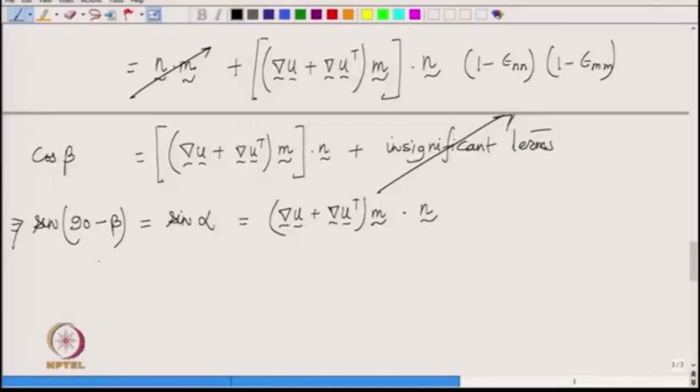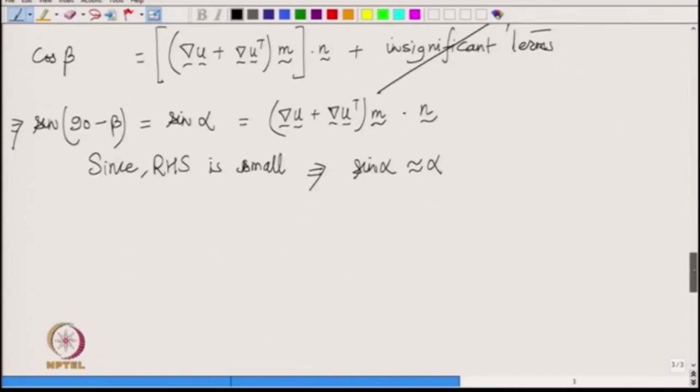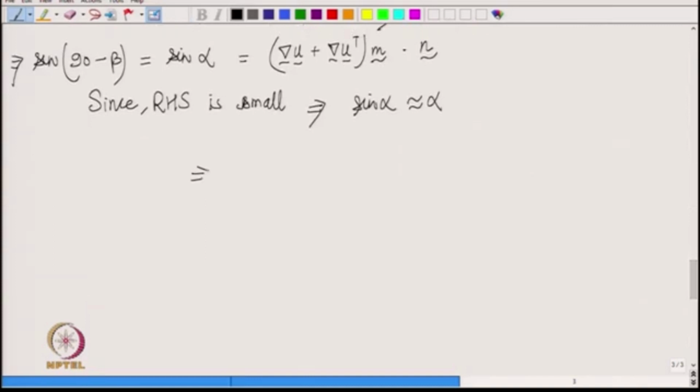So, we will write here, since right hand side is small, this implies sine alpha is close to alpha. So, that means alpha, which is the shear strain, is simply grad u plus grad u transpose times m dot with n.